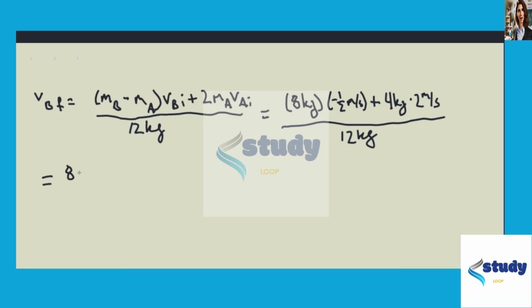So we have 8 minus 4 divided by 12 meters per second, and then 4/12 is 1/3.